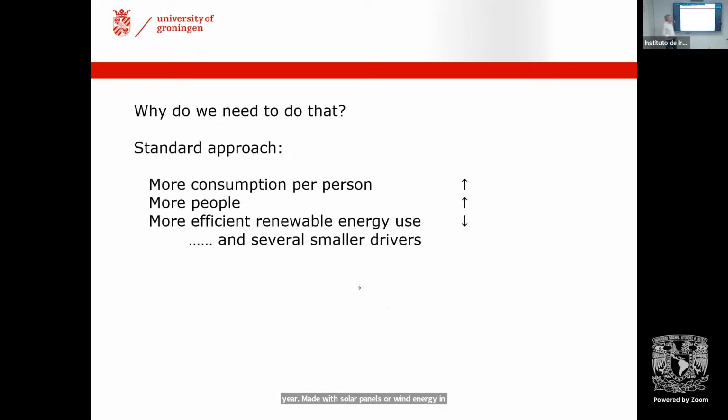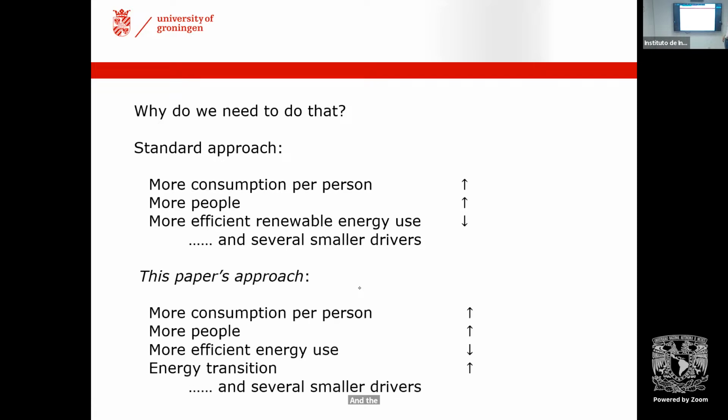And why is this important? In the standard approach, you would say more consumption, more people will increase the use of renewable energy, and the more efficient use decreases the total. In this paper it is something similar.